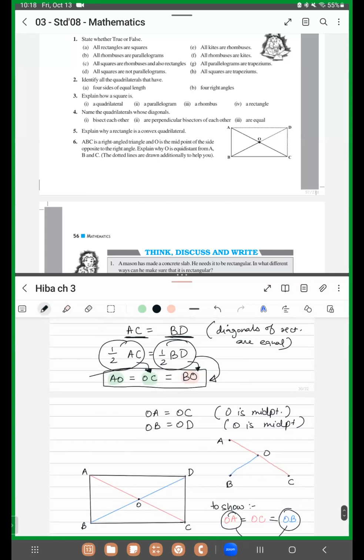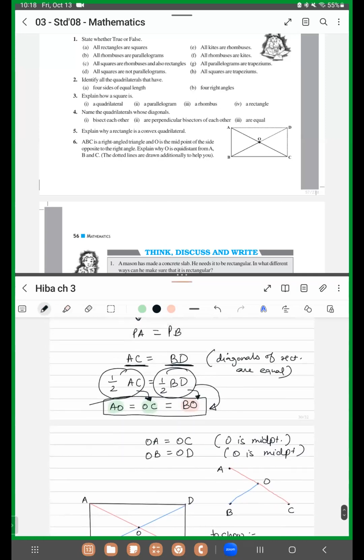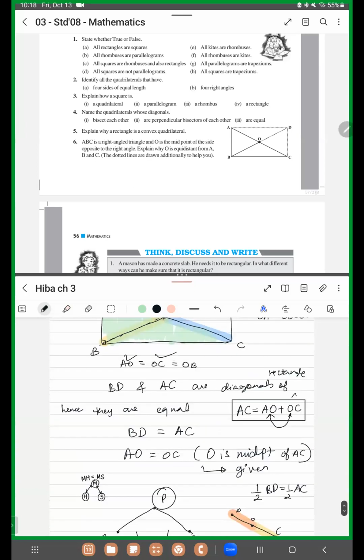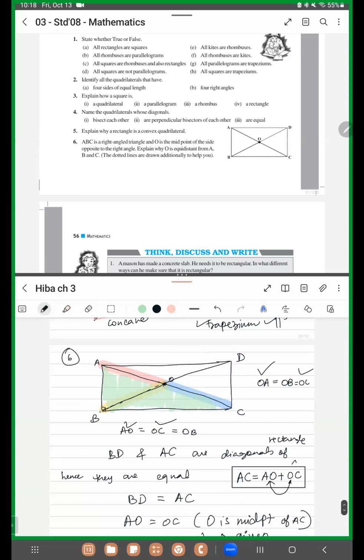Why did we write half of BD as BO? Because we know that diagonals of a rectangle bisect each other. This is a rectangle, right? So the diagonals are going to bisect each other, meaning that BO is going to be equal to OD.